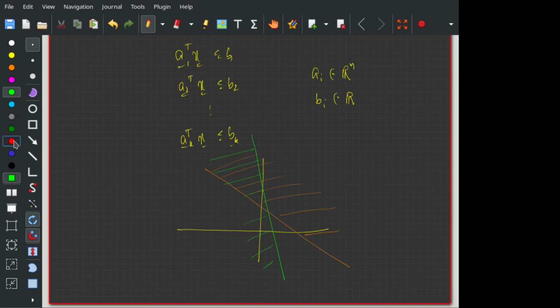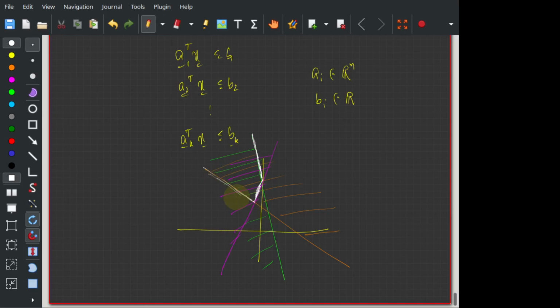Now impose a third constraint. Again, perhaps it could be something like this. So if I impose all these three constraints, then I would get some kind of a region like this, right?